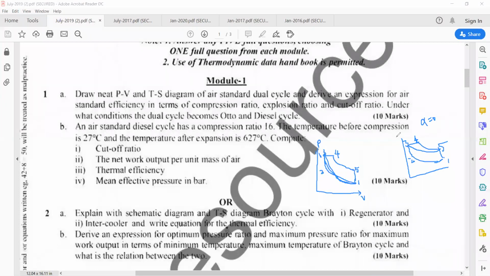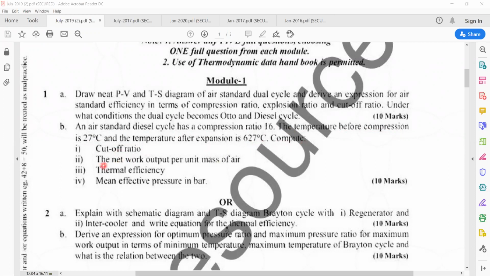Everything is clear now. So this is the answer for the first bit. Now the second bit of the first question is: an air standard diesel cycle has compression ratio of 16 and the temperature before the compression is 27 degrees centigrade and the temperature after the expansion is 627 degrees centigrade.